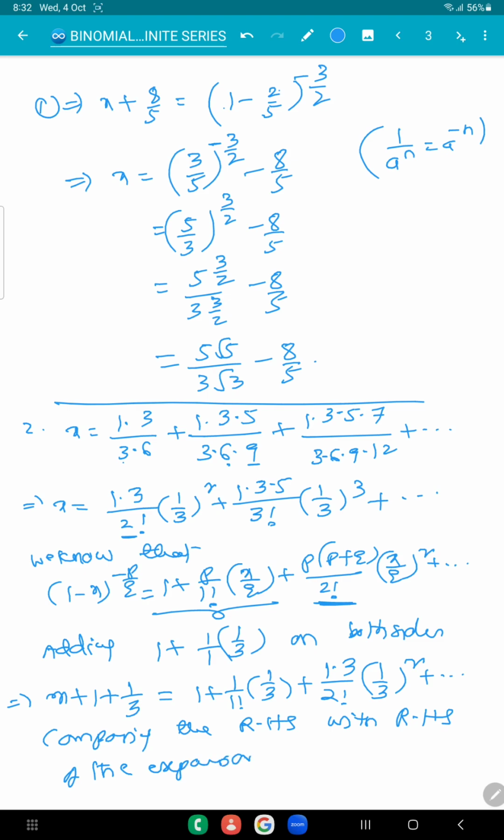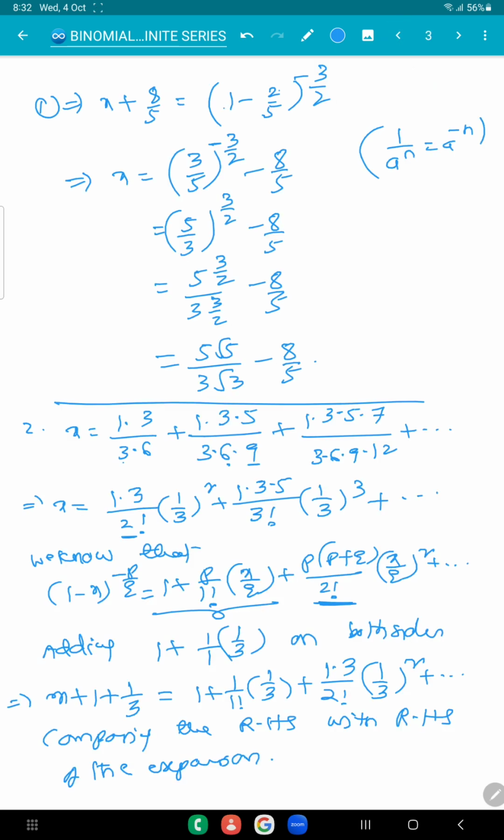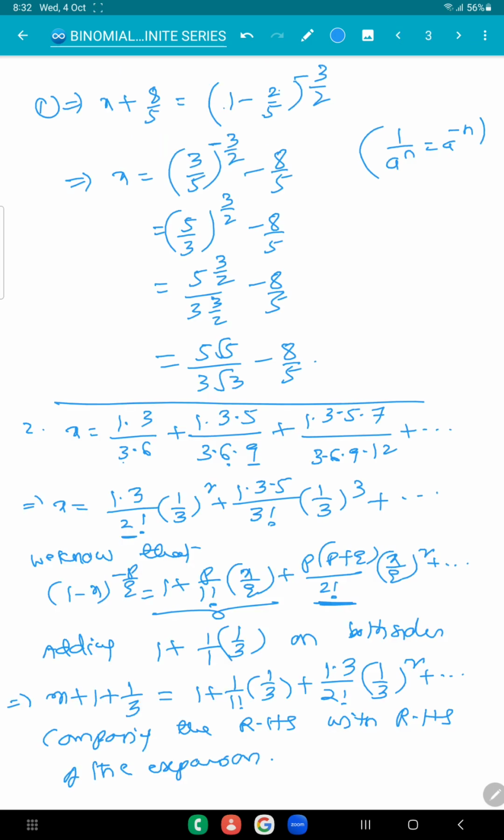What will you have? p is equal to 1, p plus q is equal to 3, and x by q is equal to 1 by 3. So p is 1 means that q becomes 2. So x is equal to 2 by 3.